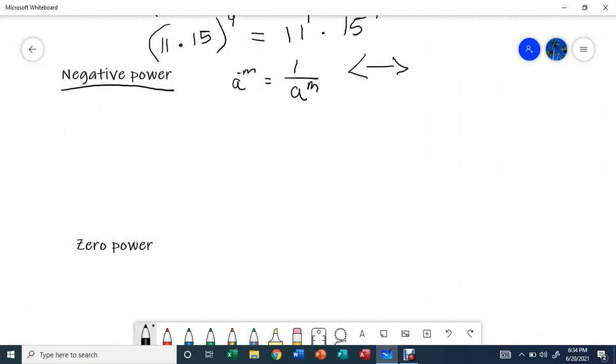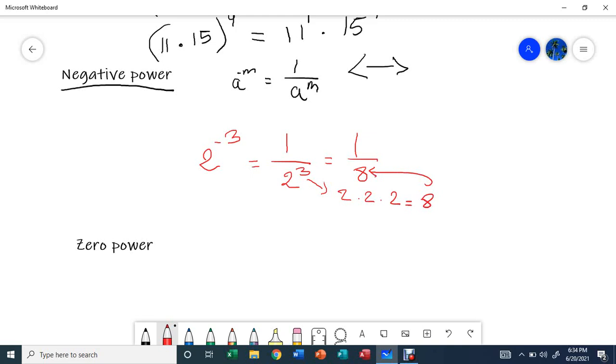So, for example, if I have 2 to -3, this is 1/2 to the 3rd power, which is 1/8. 2 to the 3rd power is 2 times 2 times 2, so 2 times itself 3 times, and that gives me the 8.